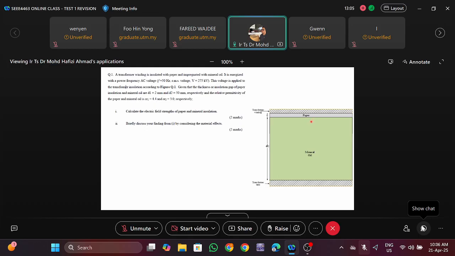Okay, all right. So 2 versus 50 millimeters, and then you got the total is 52 millimeters. And then both of the materials have their own different relative permittivity, with epsilon R1 representing the relative permittivity for the paper, and epsilon R2 representing relative permittivity for mineral oil. 4.4 for the paper and 3.0 for the mineral oil.